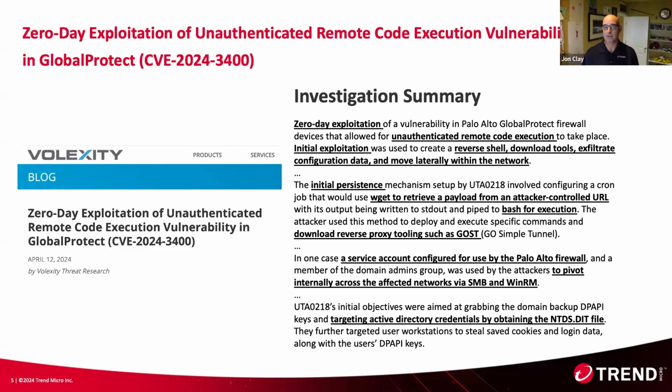In a lot of cases, they try to find accounts that have access to the security controls, which they then turn off and are able to utilize those as well. It looks like the initial objectives were aimed at grabbing the domain backup keys and targeting Active Directory credentials within these accounts, which would allow them to do other things, whether it's espionage or trying to do some financially driven stuff like stealing data and selling that data.